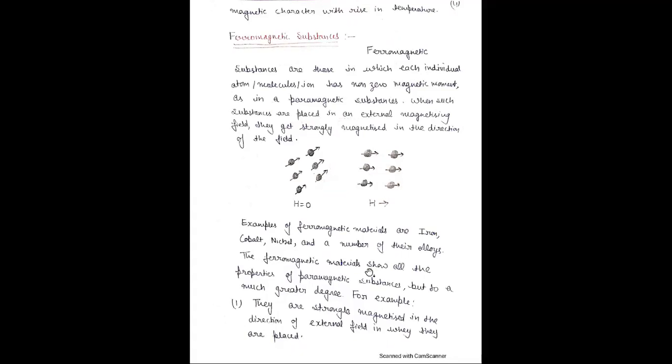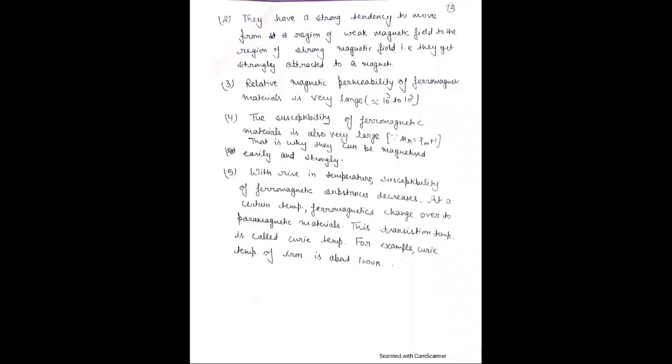Examples of ferromagnetic materials are iron, cobalt, nickel, and a number of their alloys. Ferromagnetic materials show all the properties of paramagnetic substances but to a much greater degree. For example, the first is they are strongly magnetized in the direction of the external magnetic field where they are placed.